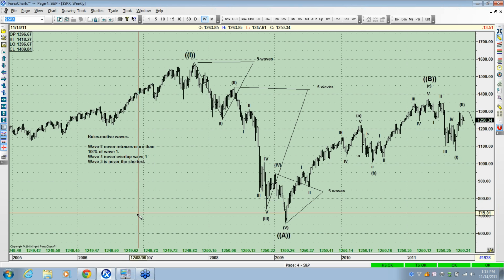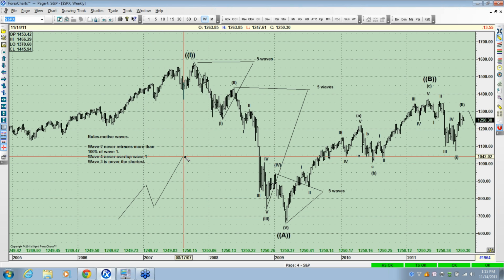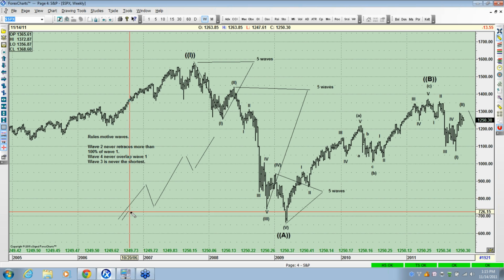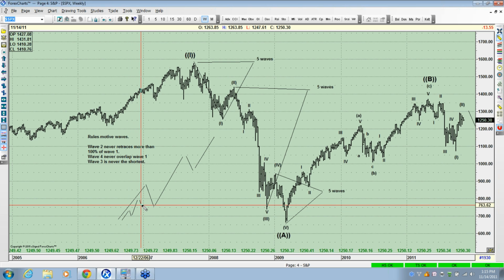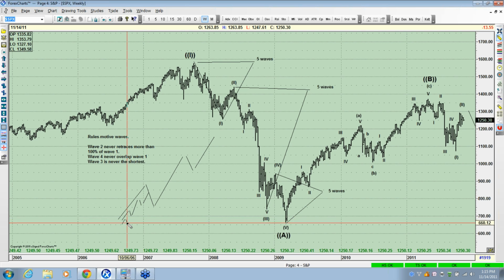What I mean with that is that in a move that happens to have 5 swings, right here, there are 5 swings. And right here, you have 5 swings.